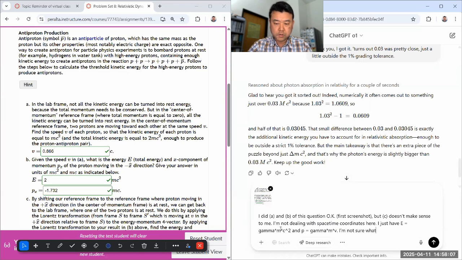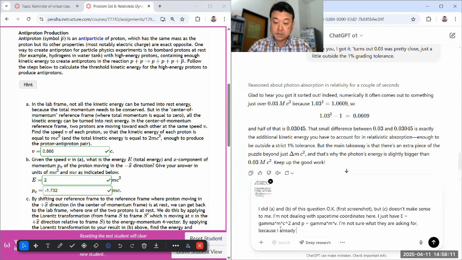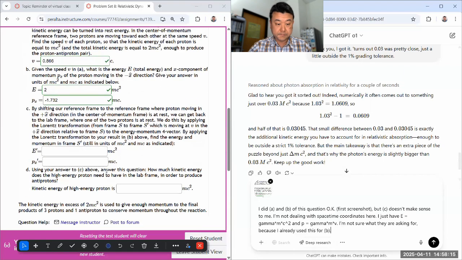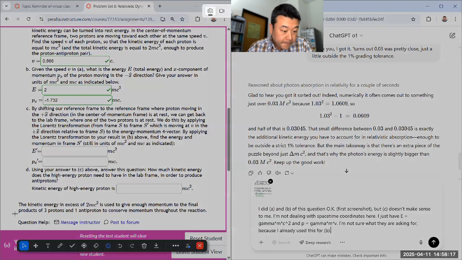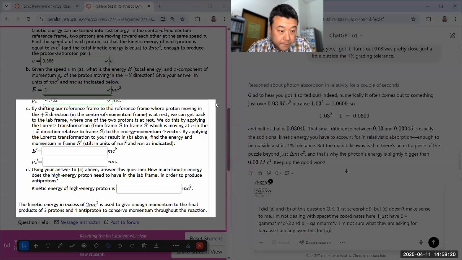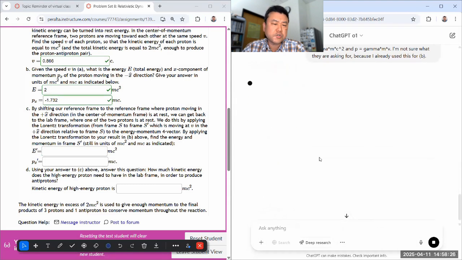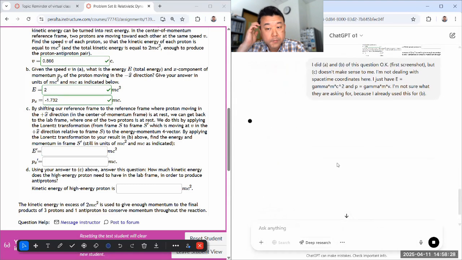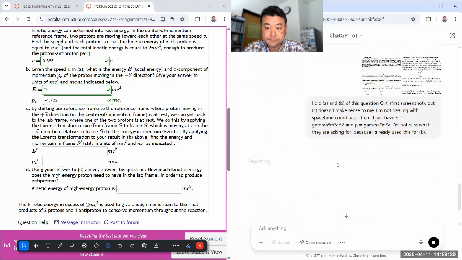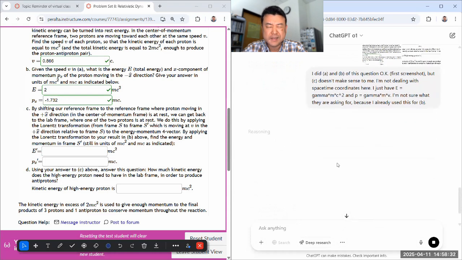I'm not sure what they are asking for because I already used this for B. It really should tell me about four-vectors, four-momentum. And I think I have maybe two responses remaining. That might be enough.